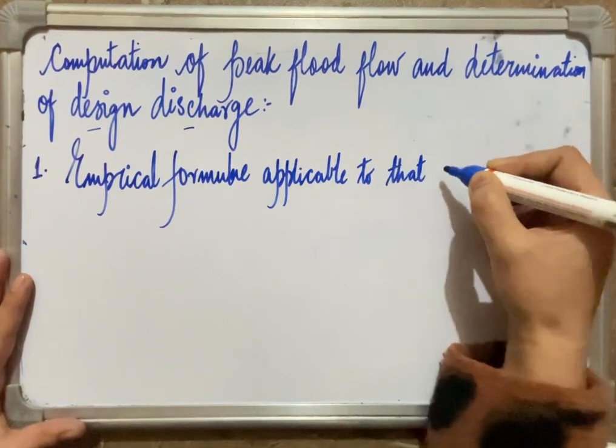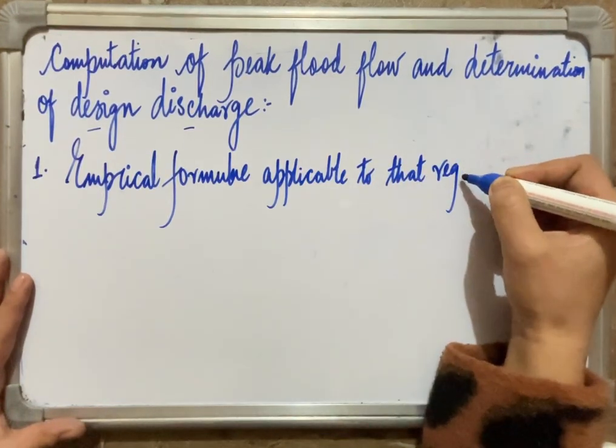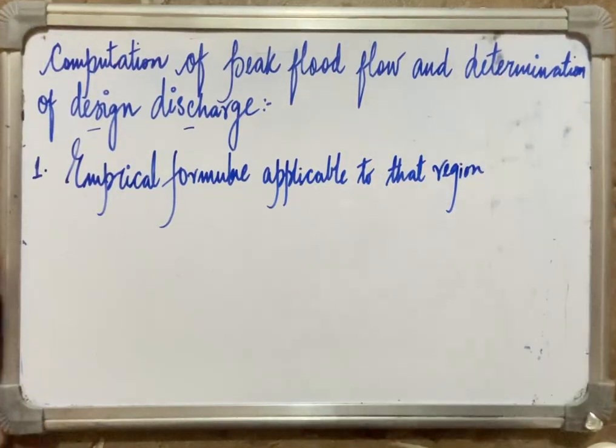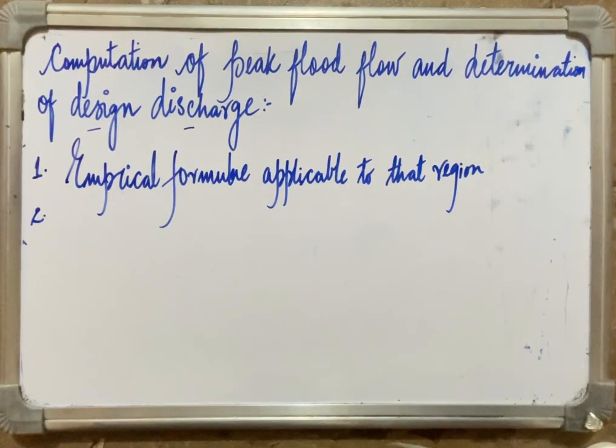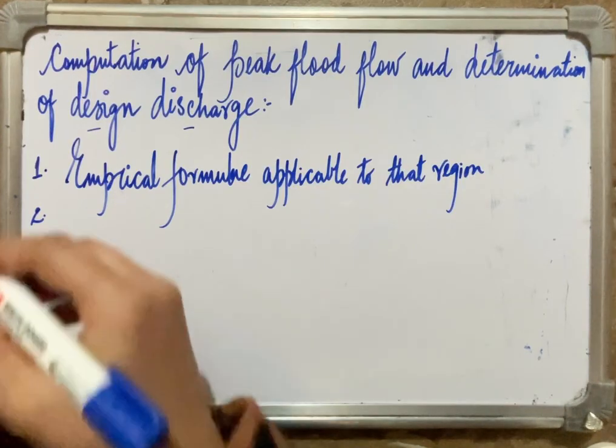The second one is by using a rational method involving the rainfall and other characteristics of that area.